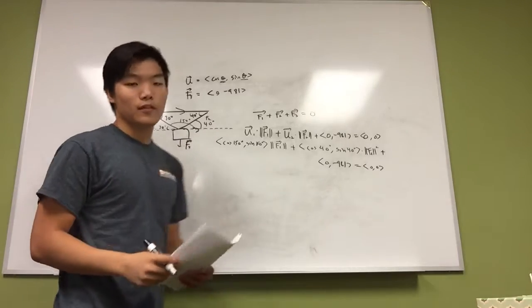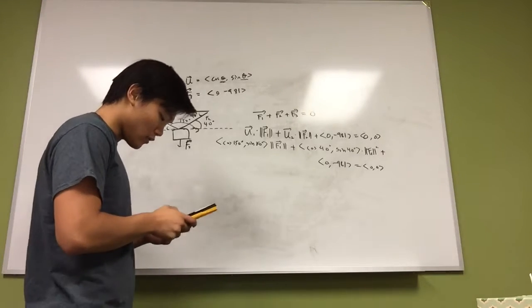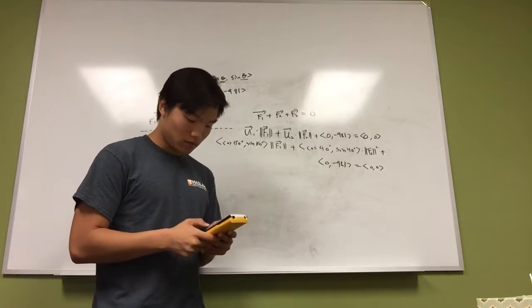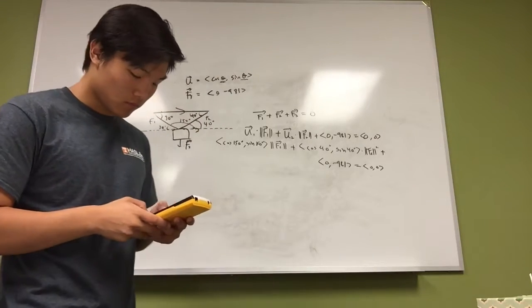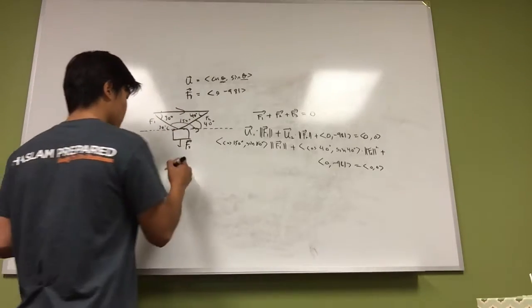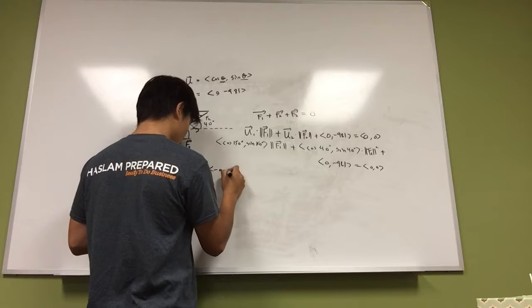What is cosine 150? We have to find that out using our calculator, and make sure your mode is in degrees. I got cosine 150 is negative 0.86.